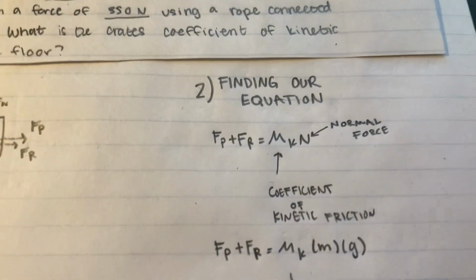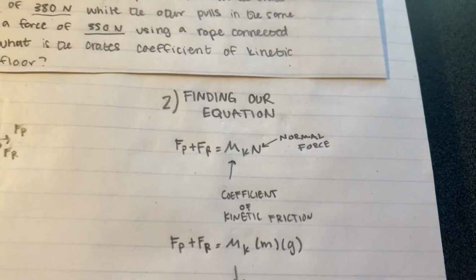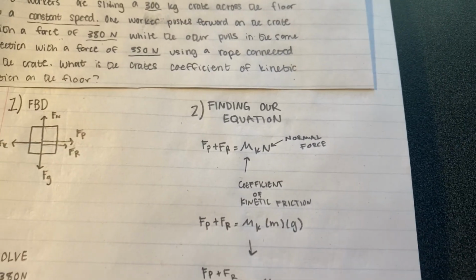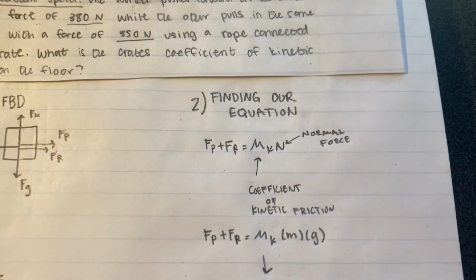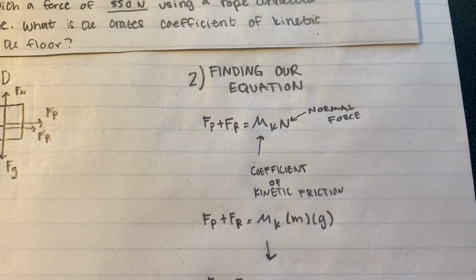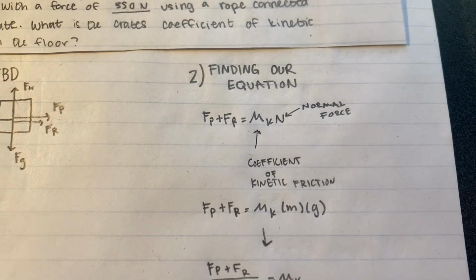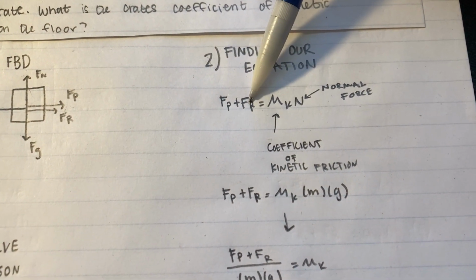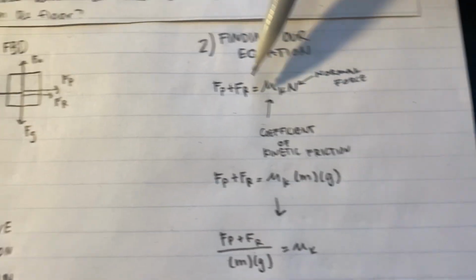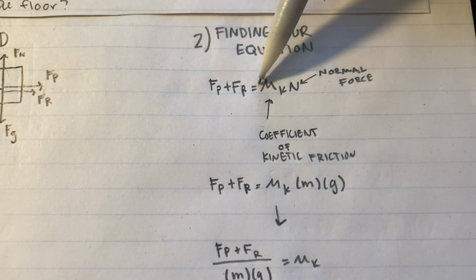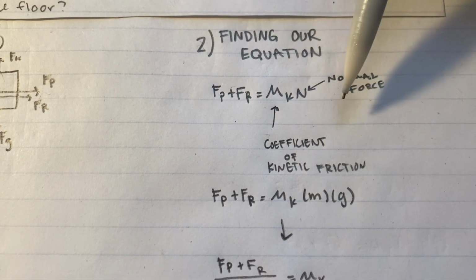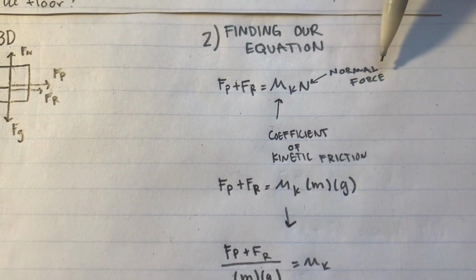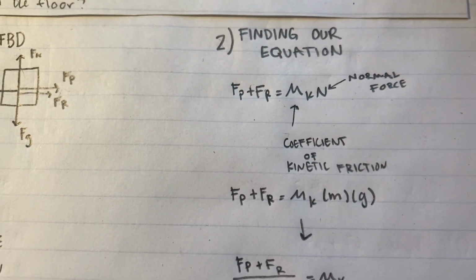Okay, so to find this coefficient of kinetic friction, we need to find the equation. The equation that I came up with was the force of the push plus the force of the rope pulling on the crate, and this is going to be equal to the coefficient of kinetic friction multiplied by the normal force.